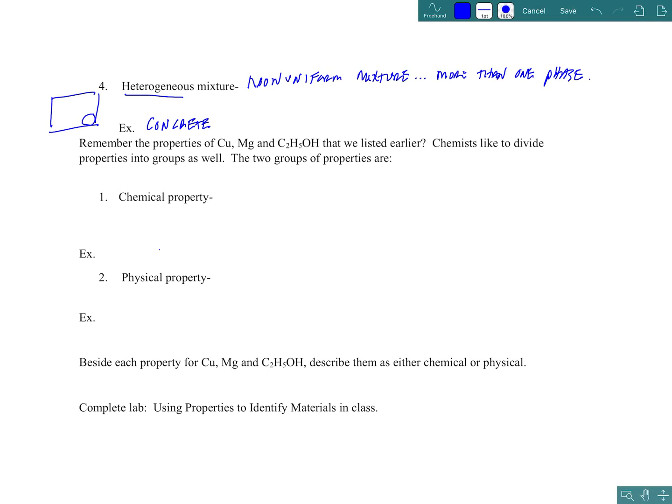If I were to look at concrete, is it uniform throughout, or do I have big rocks and maybe some small rocks and a bunch of sand to fill in the spaces? There might even be air pockets in there, more bigger rocks and really, really tiny sand particles at the top, it's certainly not uniform throughout. There's more than one phase. Think about a hamburger.